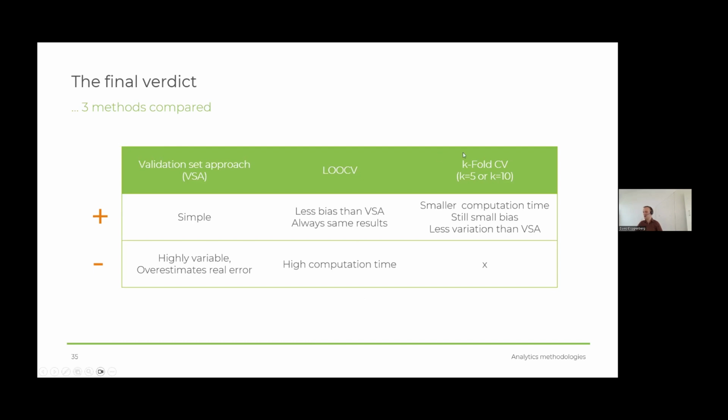And that's why typically you only use k-fold. You should always use k-fold cross validation. Of course, it's a little bit more complex than the validation set approach, but the upside is that the computation time is a lot smaller. Based on how much data you have, you either pick k equals 5 or k equals 10. Of course, you can also pick k equals 5 if you have a very complex model, for example.